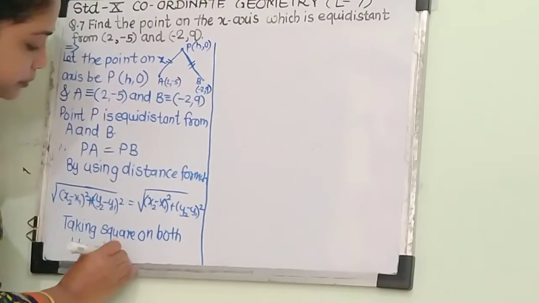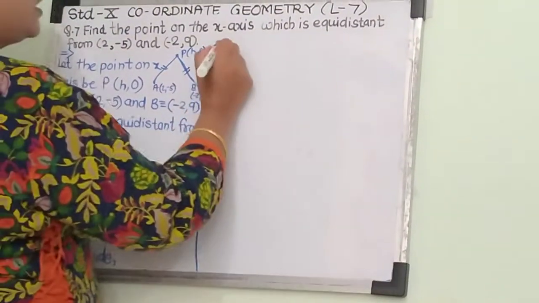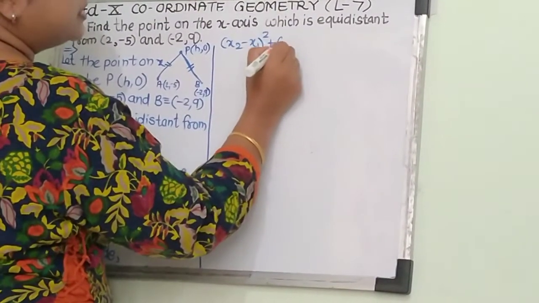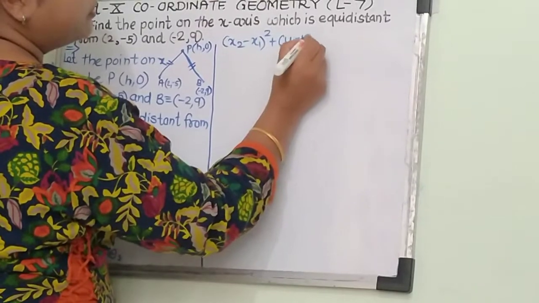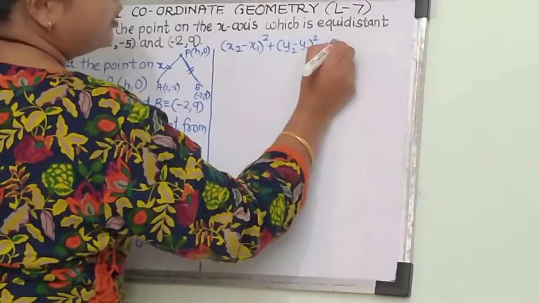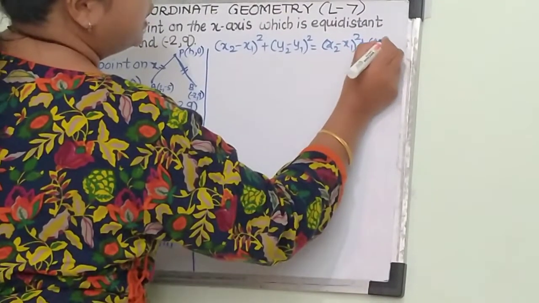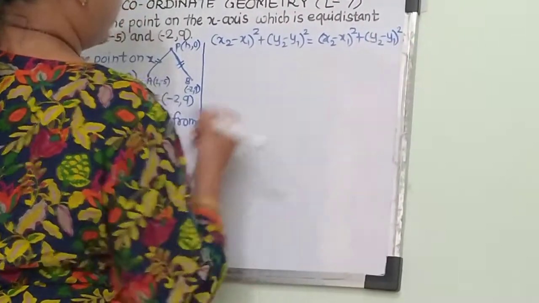So we get here (x2 minus x1) square plus (y2 minus y1) square equals to (x2 minus x1) square plus (y2 minus y1) square.